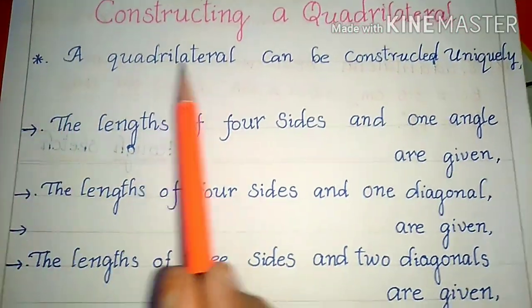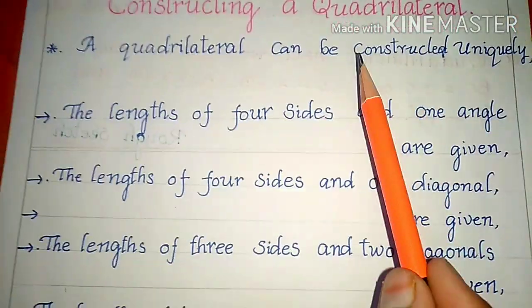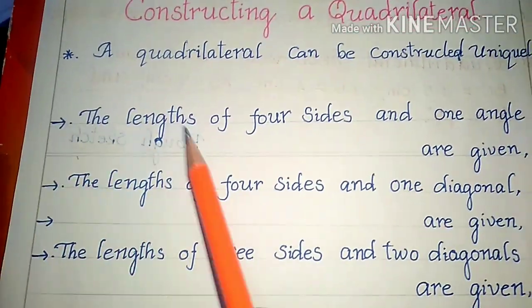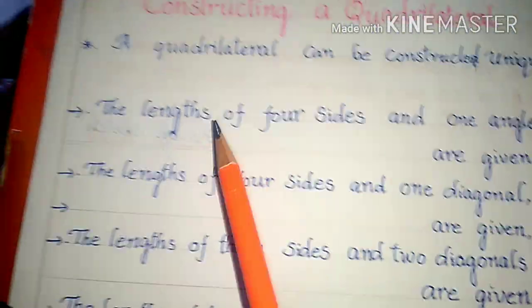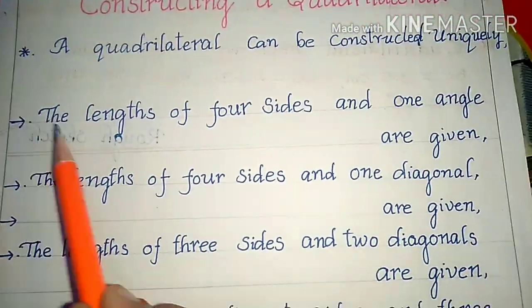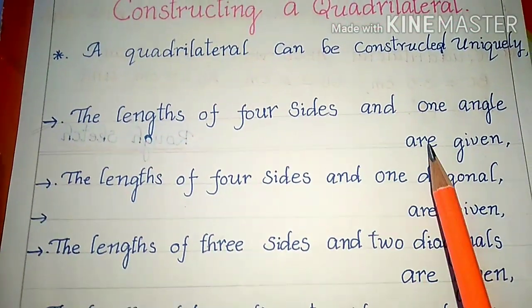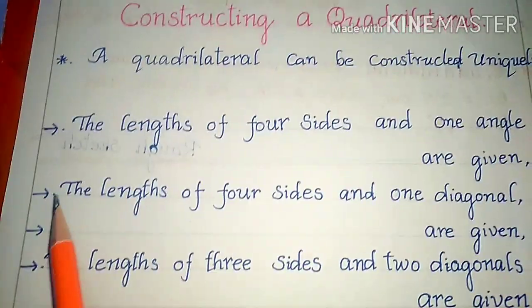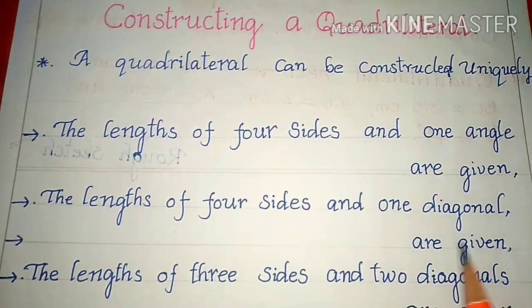First, a quadrilateral can be constructed uniquely. It means the lengths of 4 sides and 1 angle are given, then you draw the quadrilateral. This is one type. Second one, the lengths of 4 sides and 1 diagonal are given.